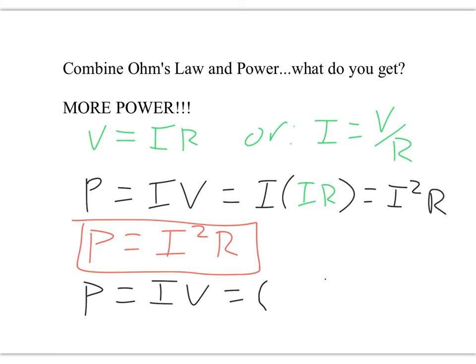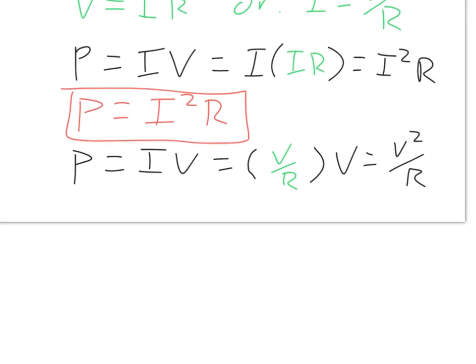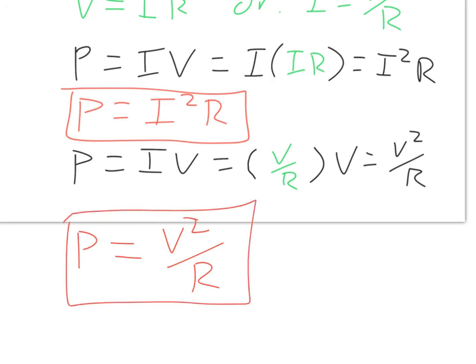I sub out the I as V over R, times V. And so I wind up with V times V in the numerator, which is V squared, and R in the denominator, which leaves me, if I simplify this out, power is also equal to V squared over R. So I have really three different ways to calculate power depending upon what I know about a circuit: voltage, current, or resistance.